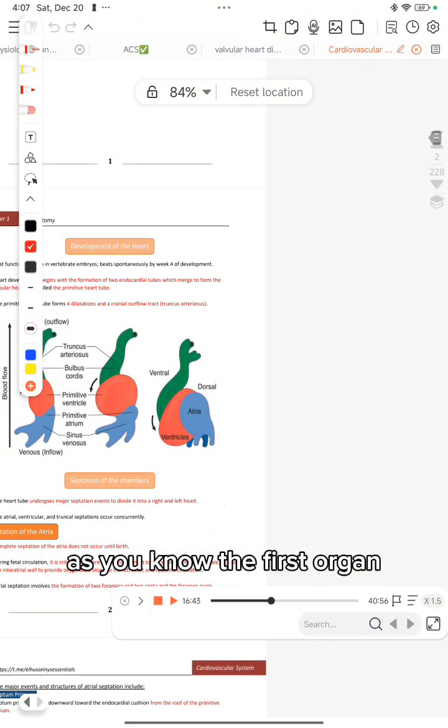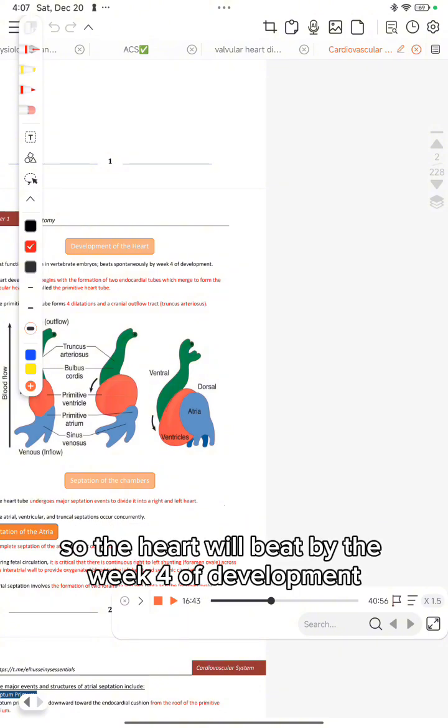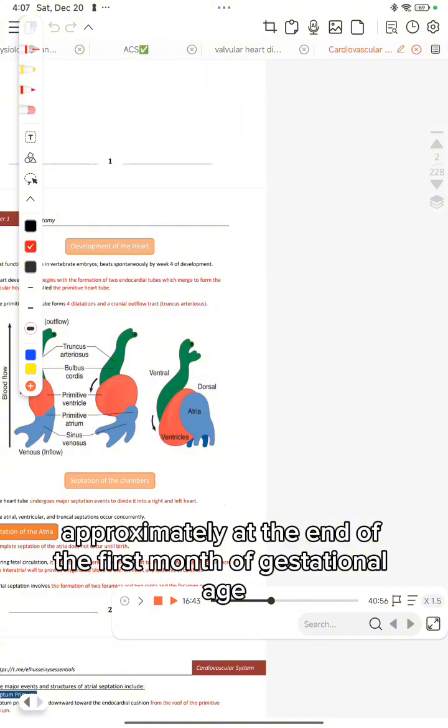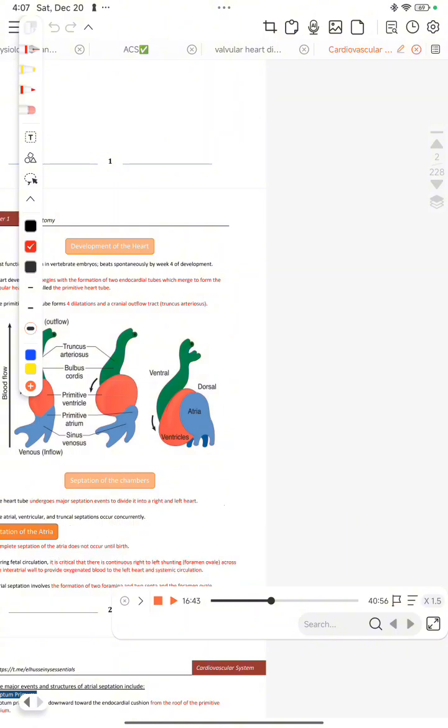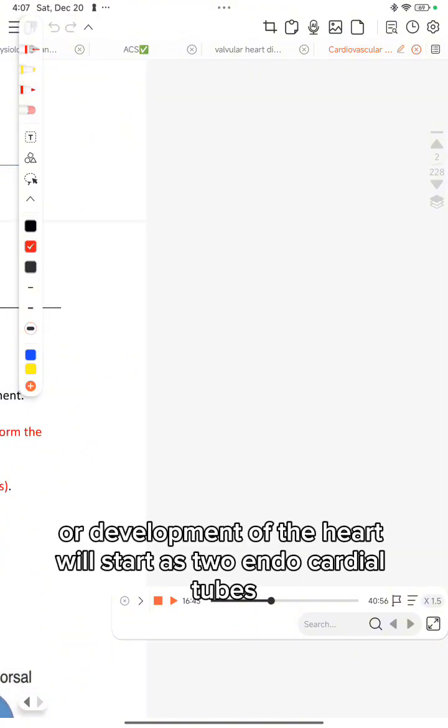As you know, the first organ to be developed in the fetus or embryo is the heart. So the heart will beat by week 4 of development, approximately at the end of the first month of gestational age. So as simple as that, the development of the heart will start as 2 endocardial tubes.